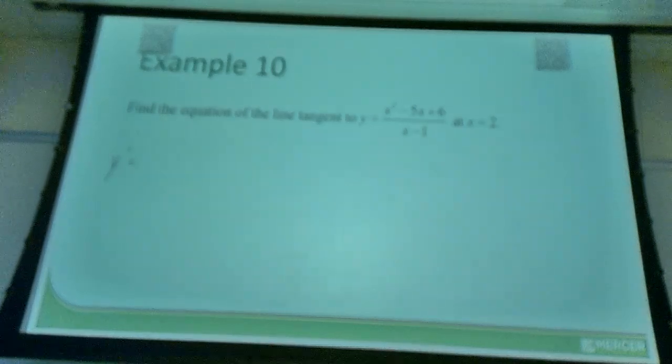Yeah, quotient. x minus 1 times the derivative of x squared minus 5x plus 6, which is 2x minus 5, minus the numerator times the derivative of x minus 1. Well, at least that one's not too bad. All over x minus 1 squared. Oh, calculus is done.